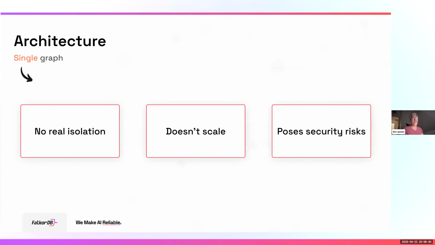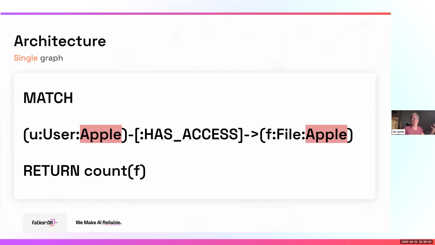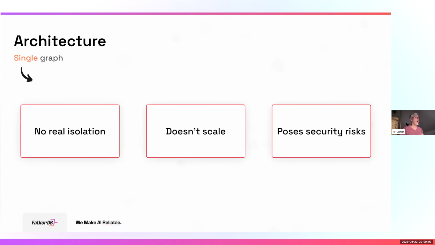Some of the disadvantages of this approach is that there's no real isolation. If somebody writes a query in a way in which the additional labels are not enforced or are not mentioned, they might glimpse into data that they should not be seeing.